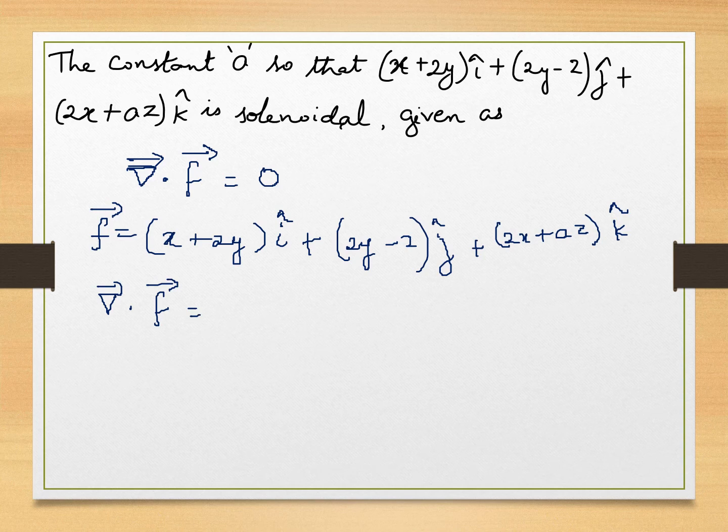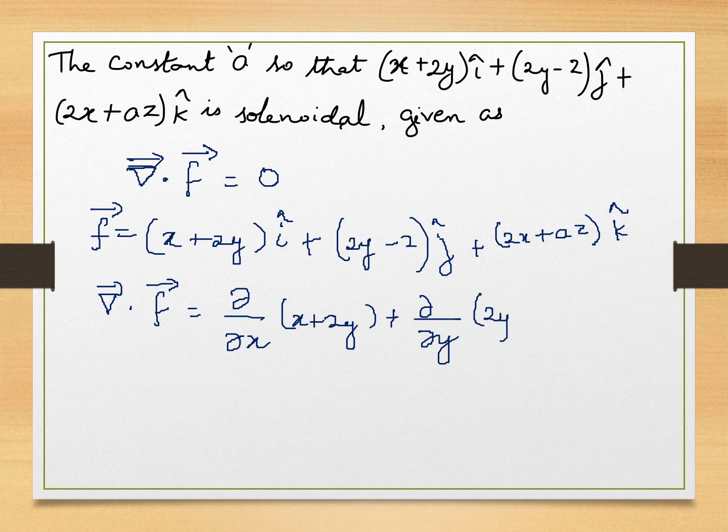what we'll obtain is dou by dou x of the first term, which gives 1, because in this term there is no x term.